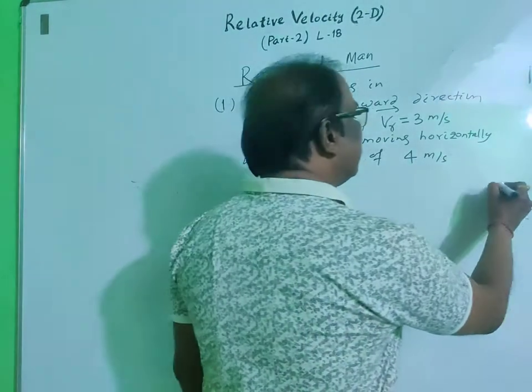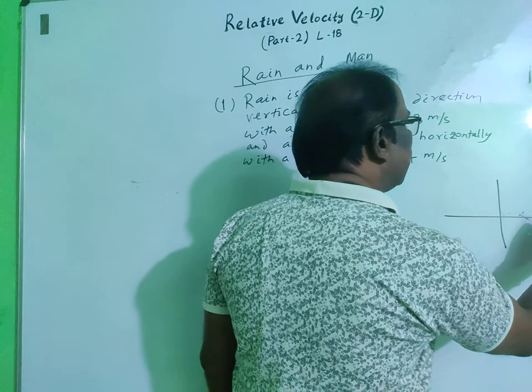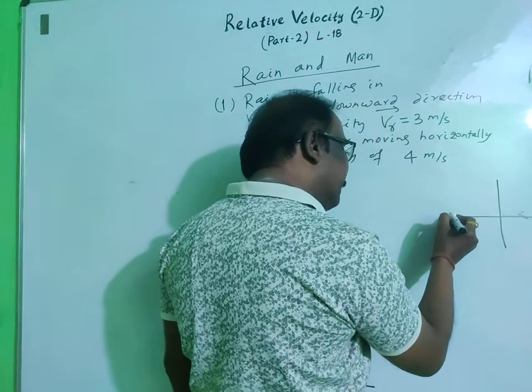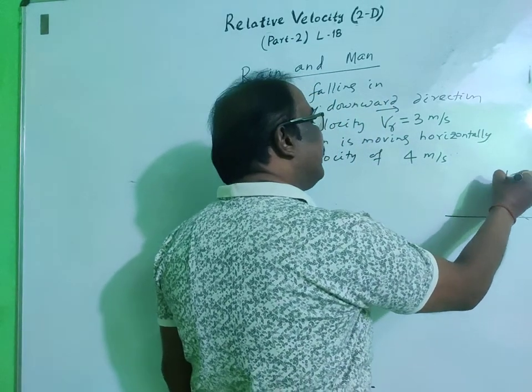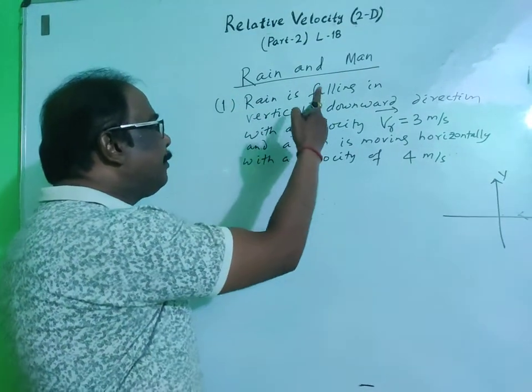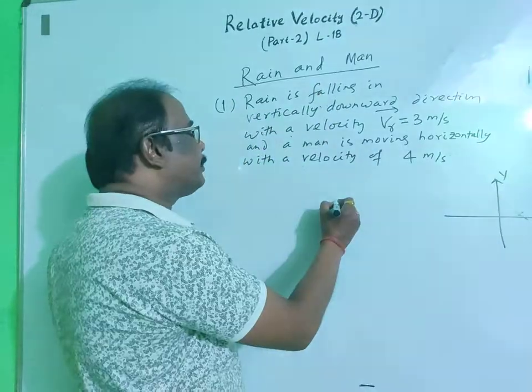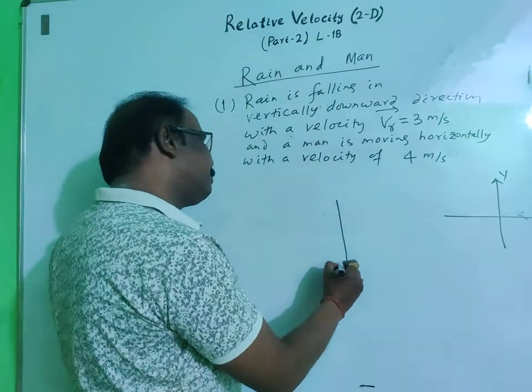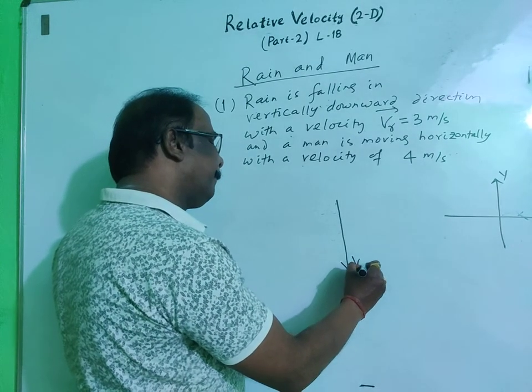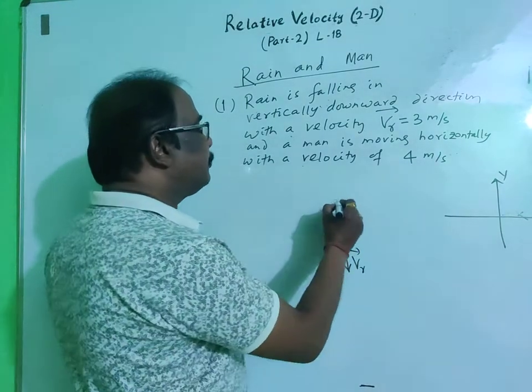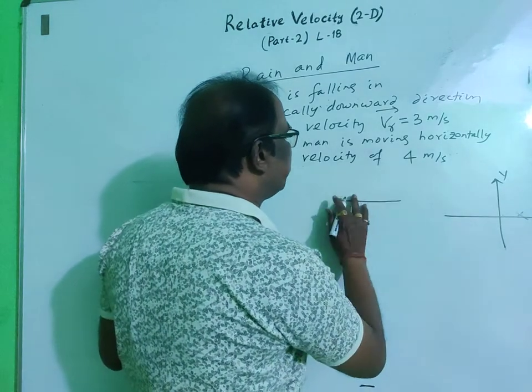Horizontally, you may take either the positive x-axis direction or the negative x-axis direction. This is the y-axis. Rain is falling vertically downward. Let's represent first the velocity of rain in the vertically downward direction, and the man moving horizontally.